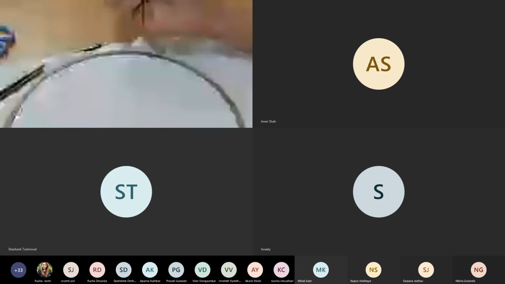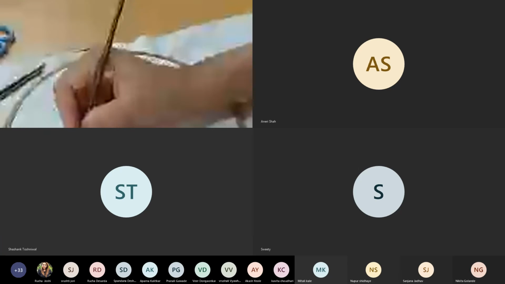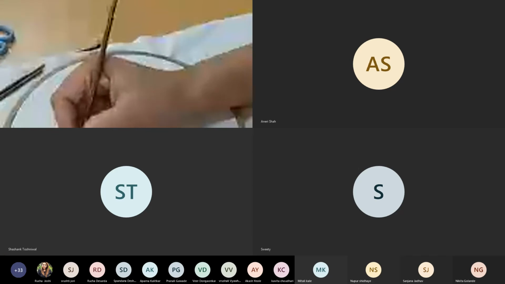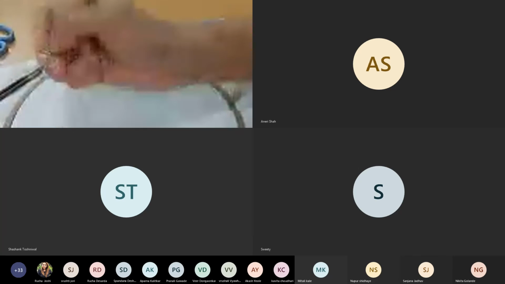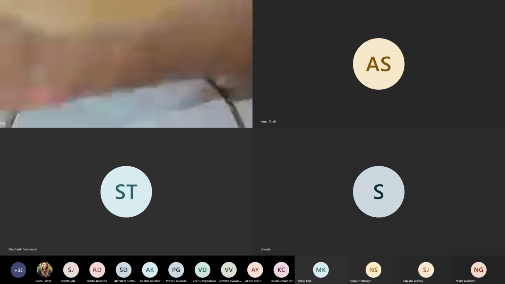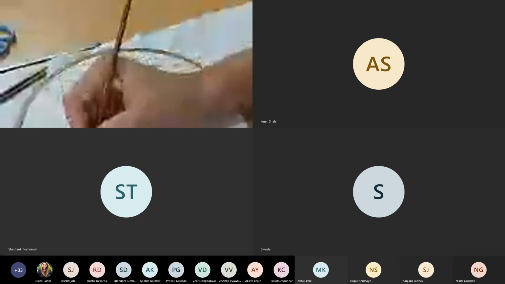Like you can see, the embroidery hoop is also helping. Do not use a lot of water, as the paint will start smudging.